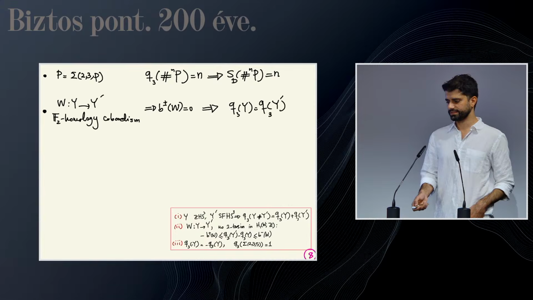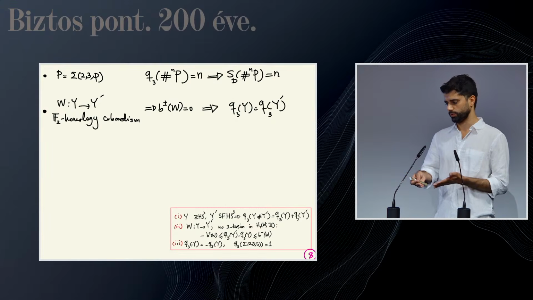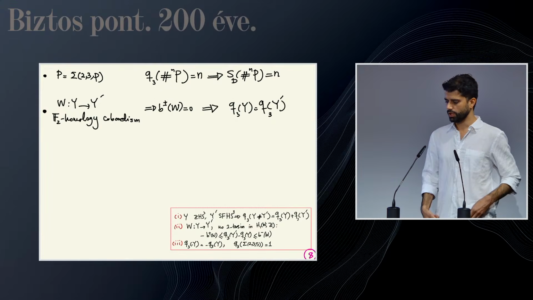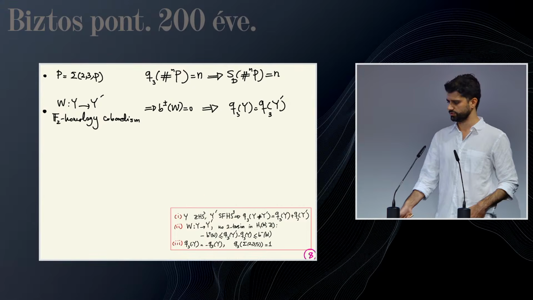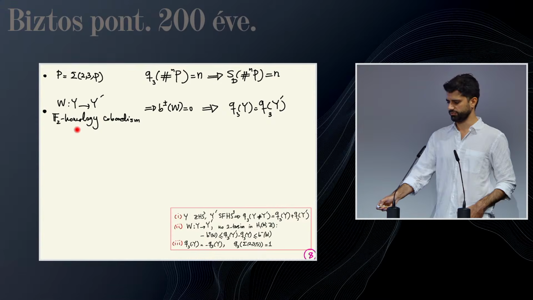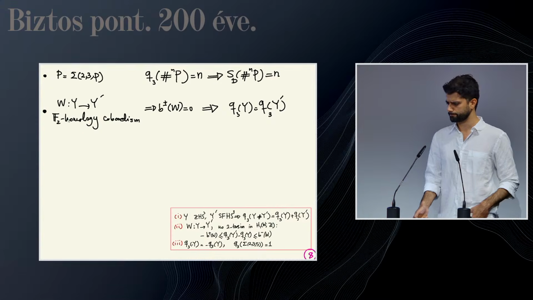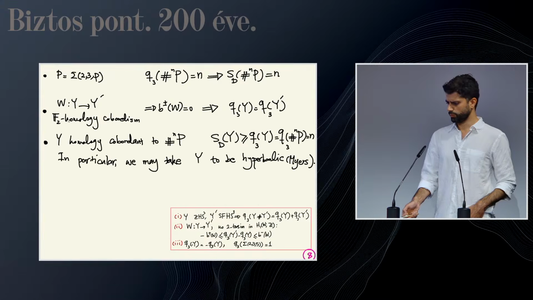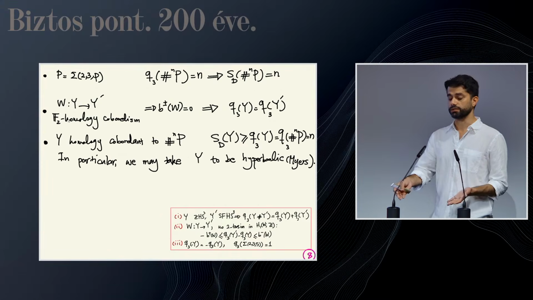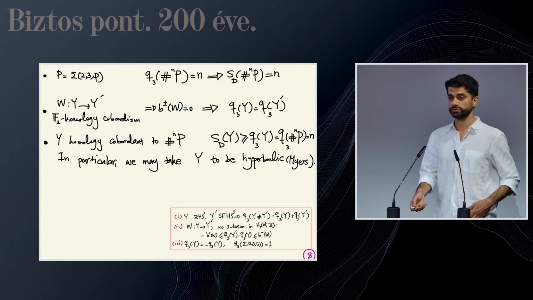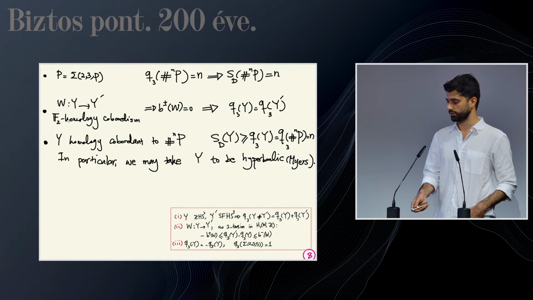Another thing that you can see is that if you have a homology cobordism, then B2 and B plus are both 0. So again, the inequality can be used to say that Q3 of the n's are equal to 0. In fact, you can work with F2 homology cobordism. So now you can take a 3-manifold Y which is homology cobordant to the connected sum of n Poincare homology spheres.